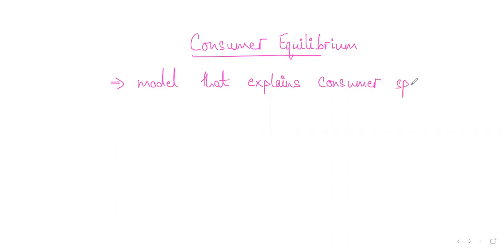Now, this being said, we will look at a graph, and through that graph, we will see how consumers decide which product to spend their money on, which product to spend more of their money on, and which product to spend less of their money on.